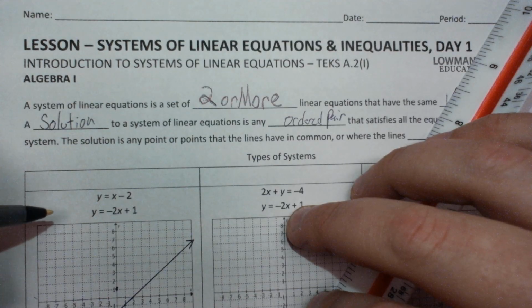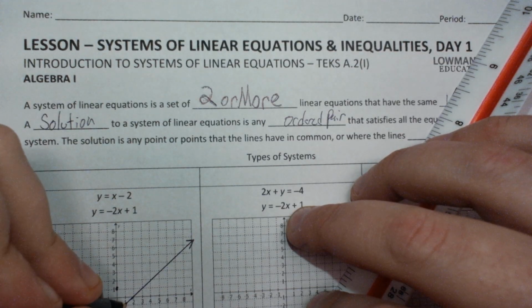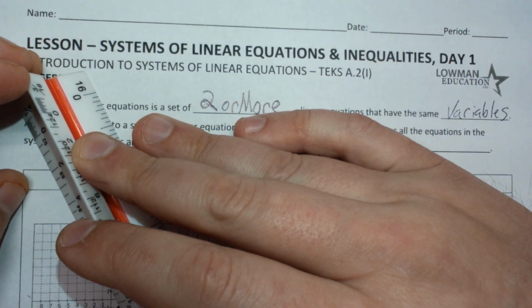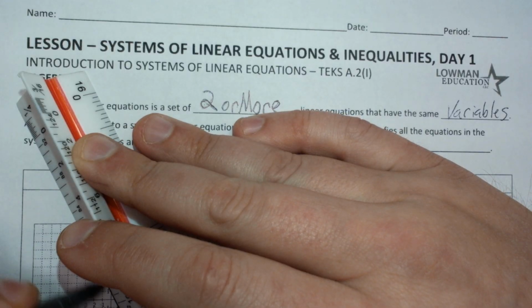Then we'll put it at 1, a slope of negative 2, so down 2 to the right 1, which really finds that solution for us right there.